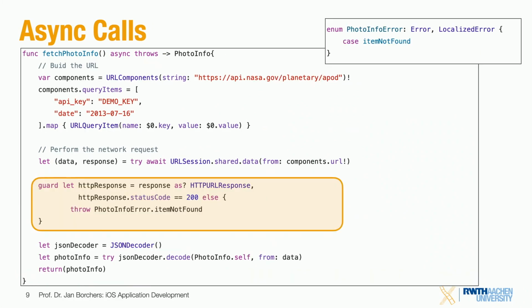And the way you are doing that is you can specify an error with the appropriate information you want to pass on. So, for example, if we create an enum with a photo info error, conforming to these protocols, and the only case we have here is that the item was not found, or there was a problem with the data, or whatever we want. And instead of trying to assign everything directly, we're using a guard statement to check whether we received data back.